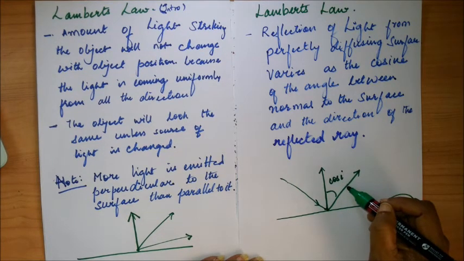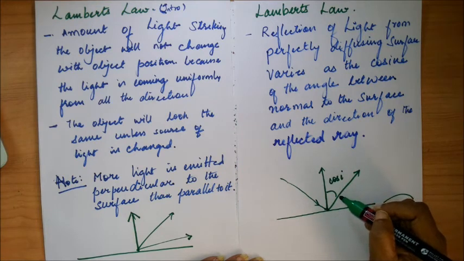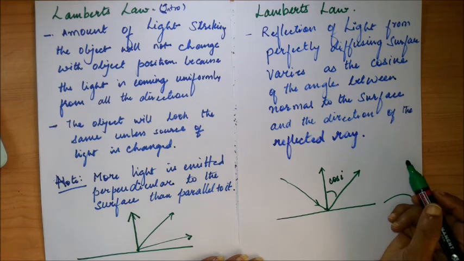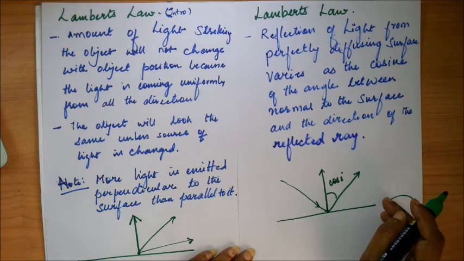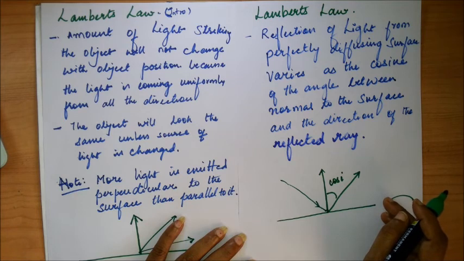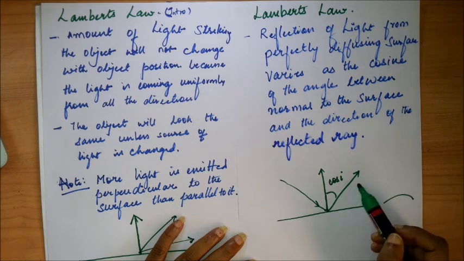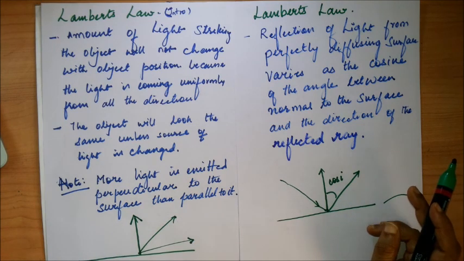And as the cosine of this reflected angle, or the angle between the normal and this, varies, the amount of light reflected will also change. So there is Lambert's law, which is also called Lambert's cosine law, which says that the reflected energy from a small surface area in a particular direction is proportional to the cosine of the angle between that direction and the surface normal. So that is what Lambert's law says, and that is what we are going to use in the diffuse reflection equation.